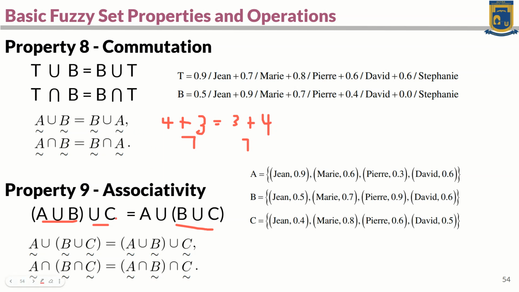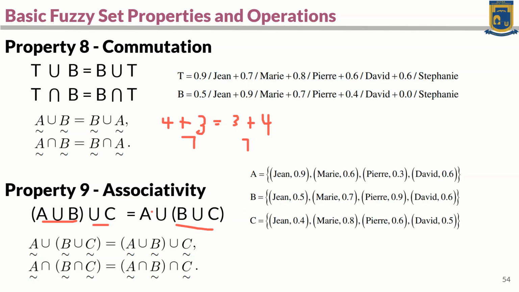Then the associative, the associative one, it depends on you. Either you group them, so you're going to group two. So if you start with the first two, find the union, then when you get the answer, you union with the third one, or you take the last two, find the union, and you union with the first one.